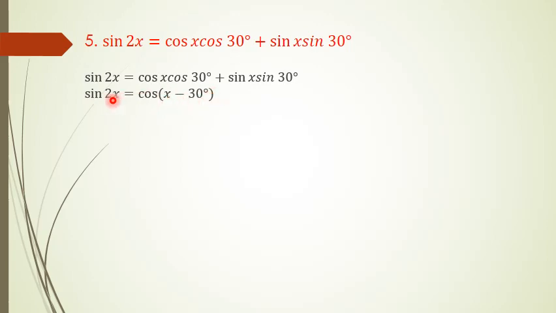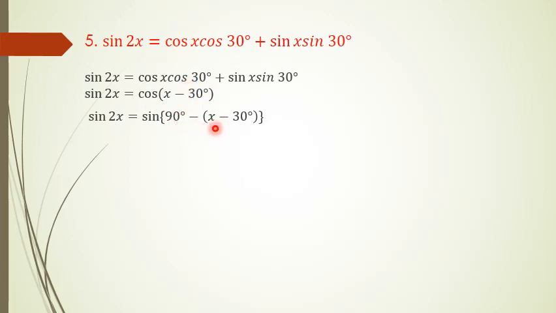Now the functions are different. Here we have sine, here we have cos. We can change this one to sine using co-angles. Thus we have sine 2x equal to sine (90 minus (x minus 30 degrees)). Observe the use of brackets here, because we are subtracting the whole of that from 90.